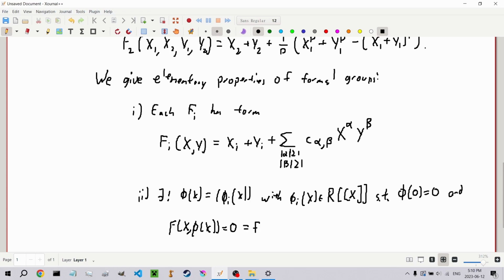So essentially we have an inverse for every element x, two-sided.